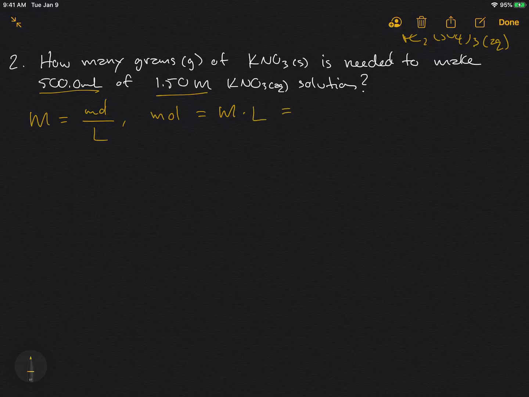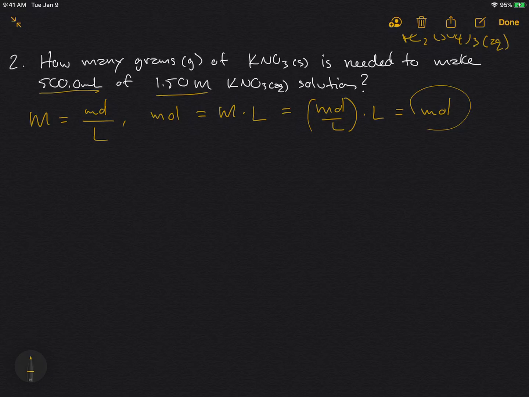Because if you work out the units, molarity is moles over liters, volume is in liters, volume cancels out, and you get the number of moles. So this is always the way that I tackle these equations. If you've got a volume and a molarity, multiply them together, make sure you convert to liters first.